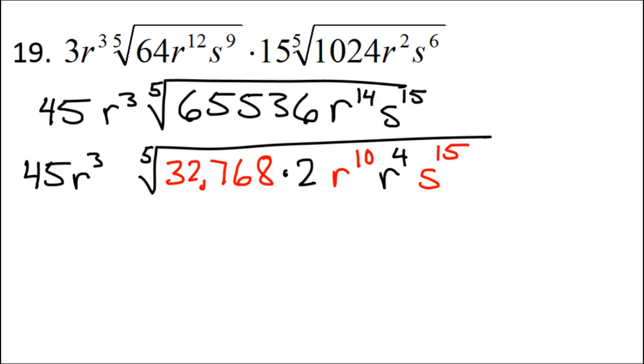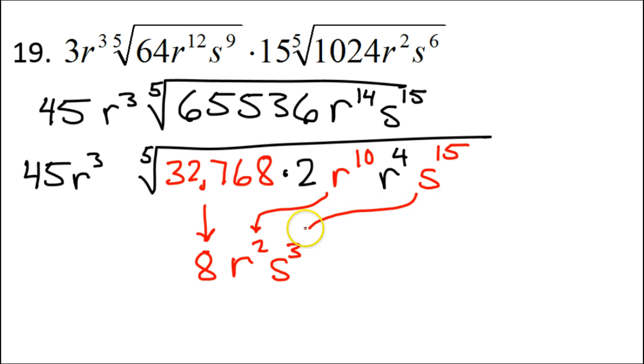Okay, so this is going to come out and become 8. Now the 5th root of r to the 10th power is going to be r squared, because 10 divided by 5 is 2. And then s to the 15th power is going to simplify down to s to the 3rd power once you take the 5th root, because 15 divided by 5 is 3. So that takes care of each of my red things.